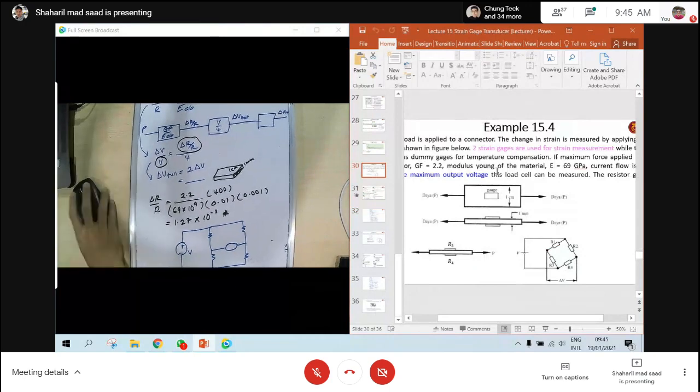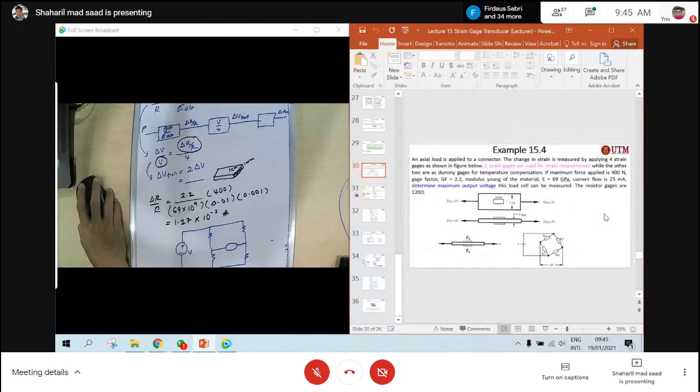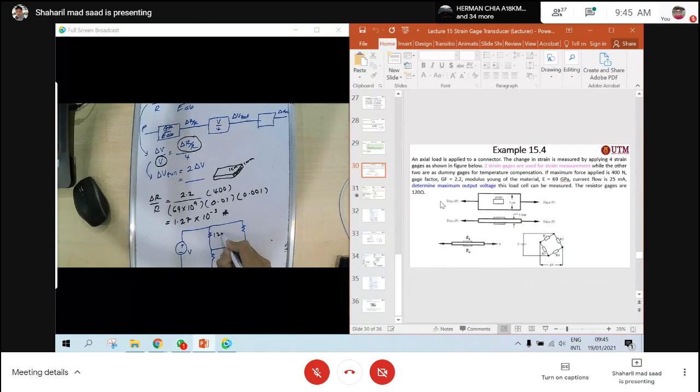The current flow is 25 milliamp. Determine the maximum load this load cell can measure. The resistor gauges are 120 ohm. So all are 120 ohm, 120 ohm, 120 ohm, 120 ohm.